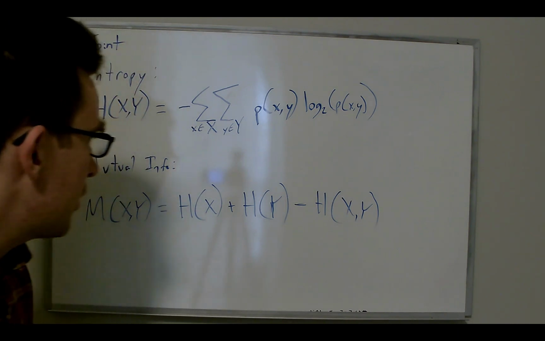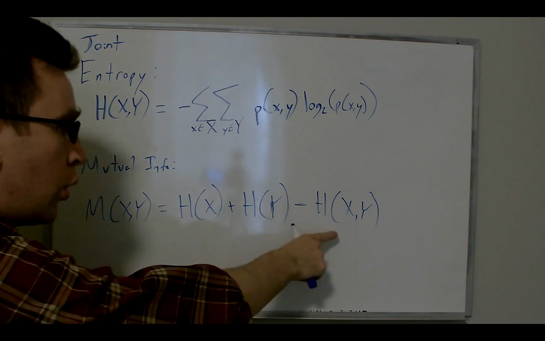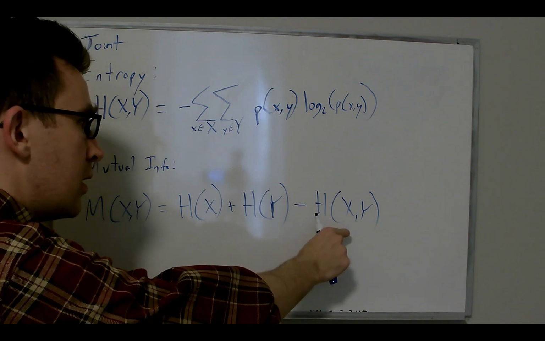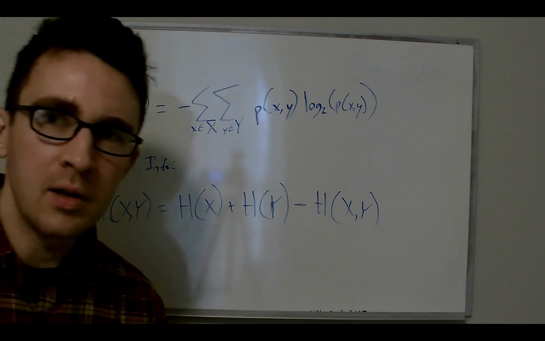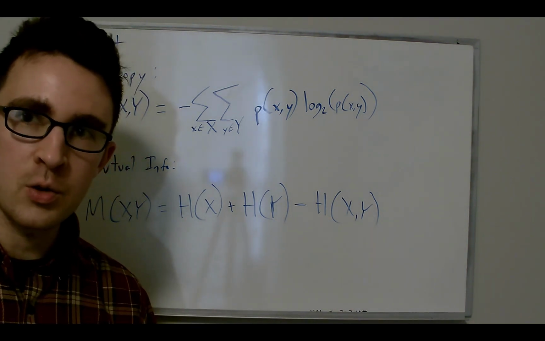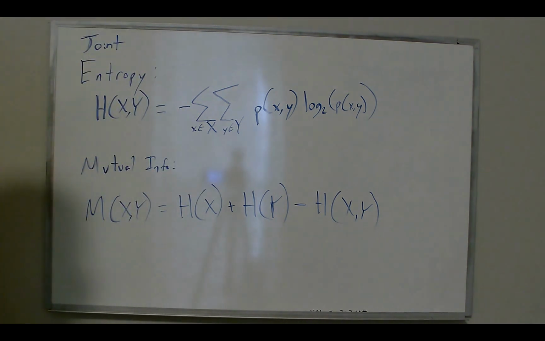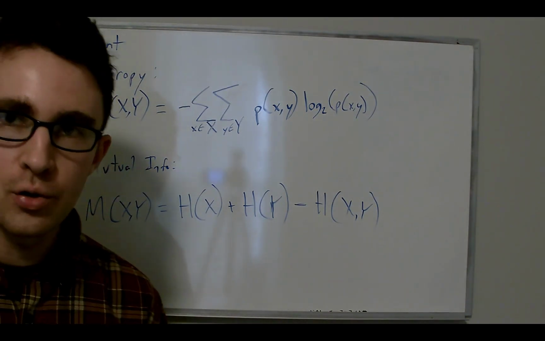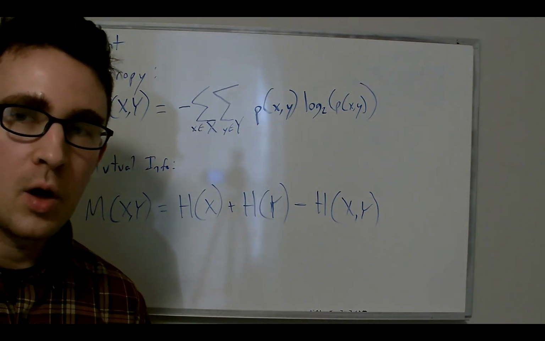So if we have zero mutual information, that means the joint entropy equals the combined separate entropies, meaning we still have the same amount of uncertainty in the joint distribution as we had in the two combined separate distributions. But if we have less uncertainty in the joint distribution compared to the two separate distributions, that means we have some amount of mutual information.